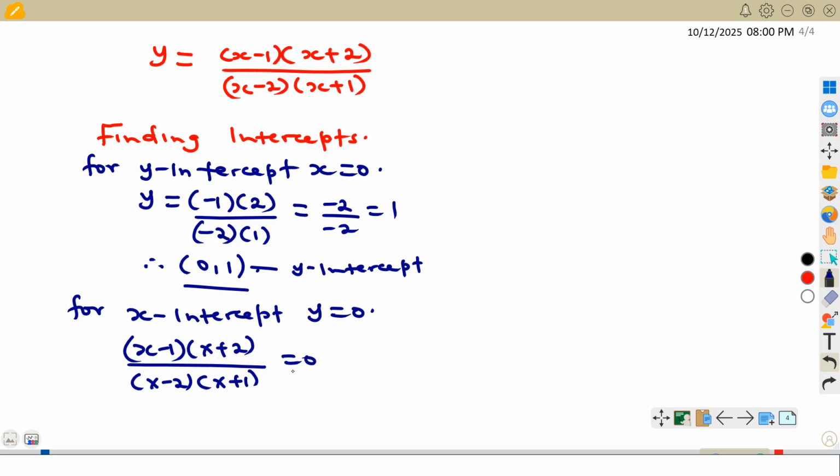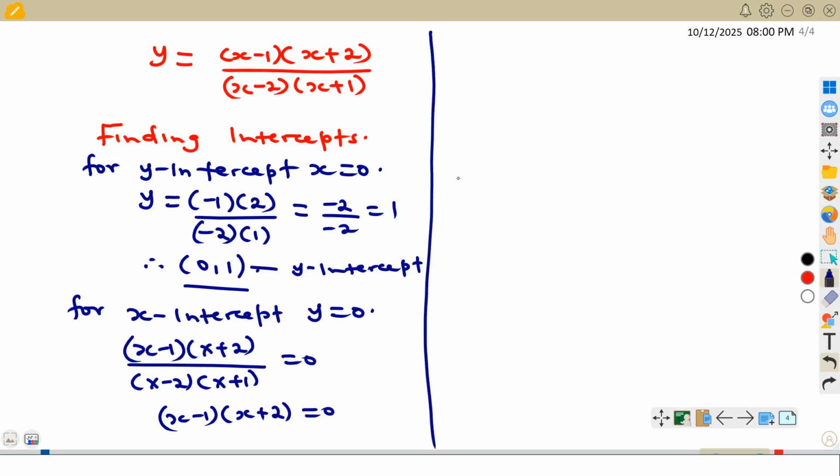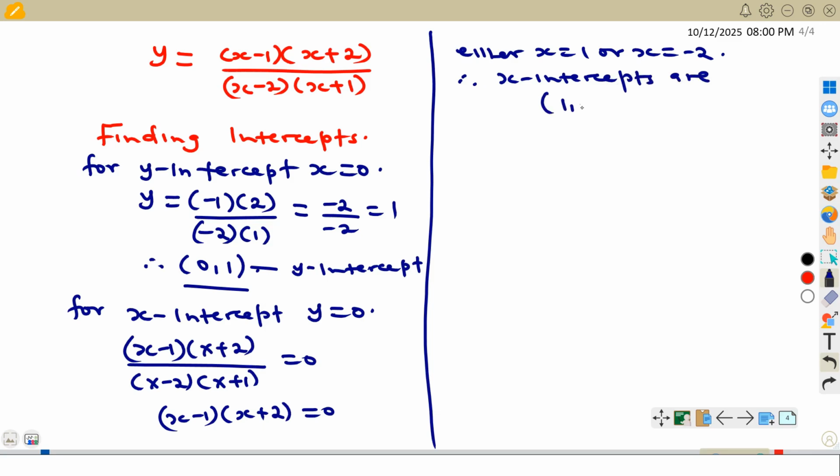When you equate this to 0, I will remain with (x minus 1)(x plus 2) equal to 0. This will give us that either x is equal to 1 or x is equal to negative 2. So our x-intercepts will be (1, 0) and (negative 2, 0).